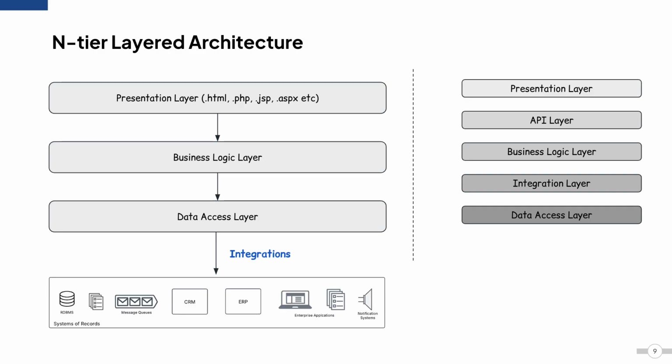So the integration may be happening in both the integration layer and the data access layer. So this is the n-tier layered architecture, right?